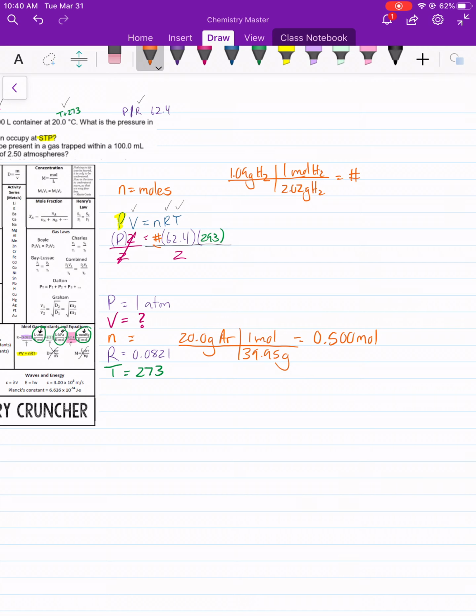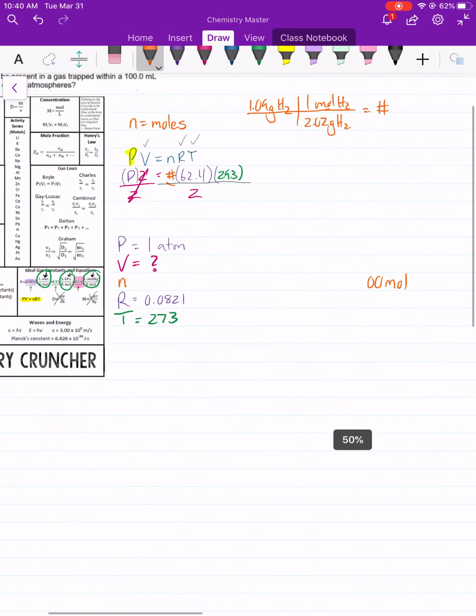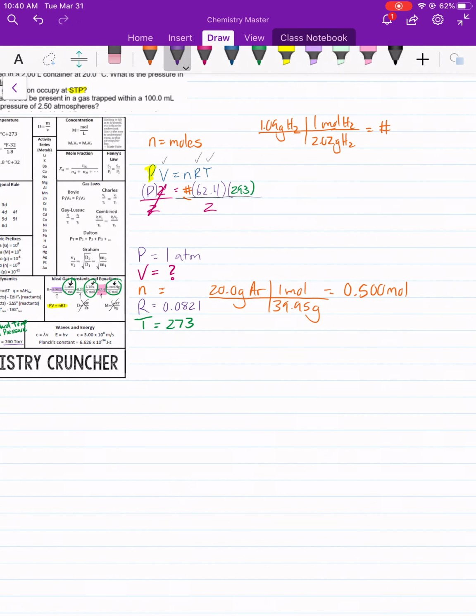So now I'm just going to plug in everything. All right. So I'm plugging it back into the equation. PV equals nRT. P was a 1. V we were looking for. All right. Is equal to N, 0.500. R we said was 0.0821.